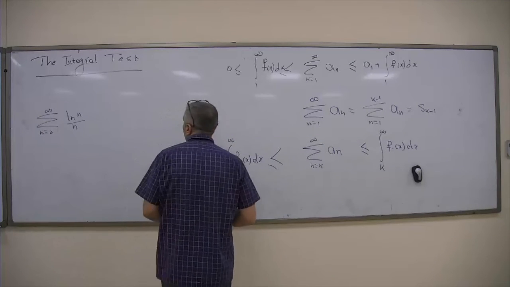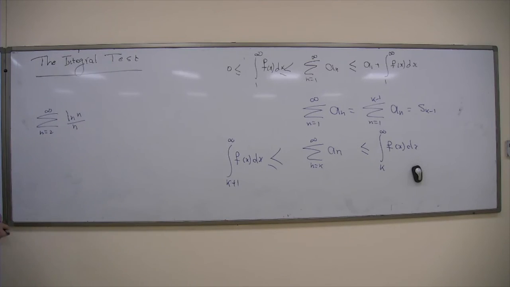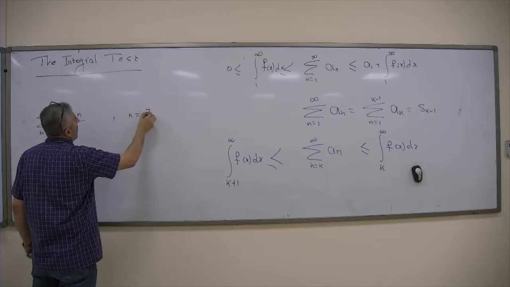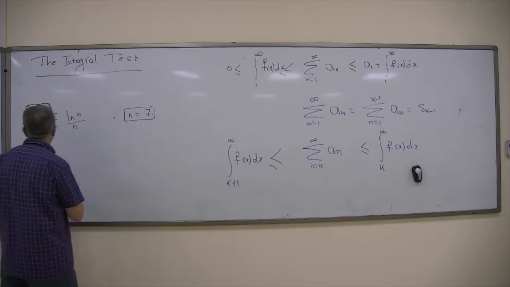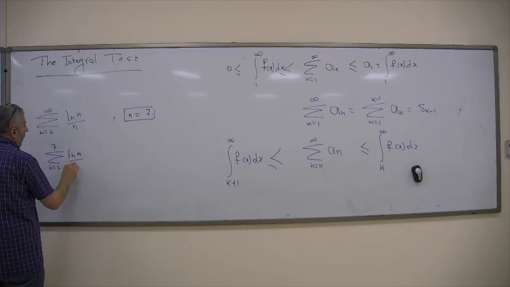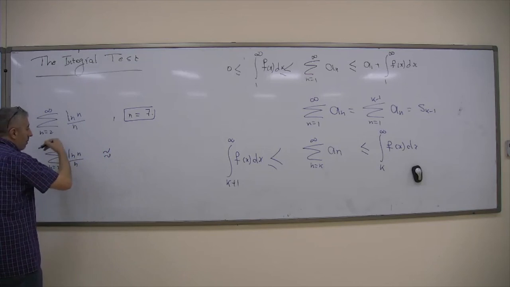So here, if I cut it, let's say here at n equals 7, it means the summation from n equals 2 to 7 of ln n over n is what you approximate using your calculator.